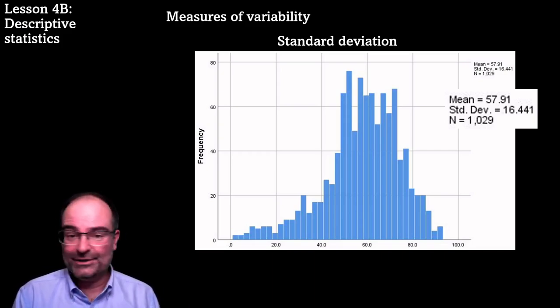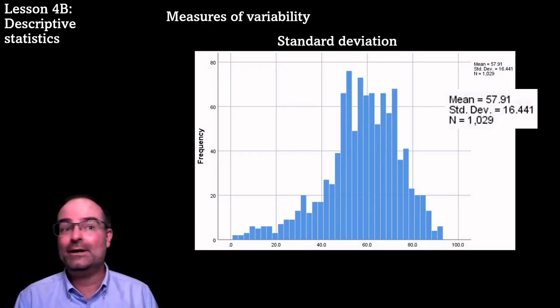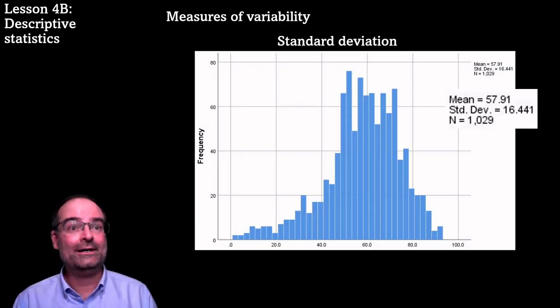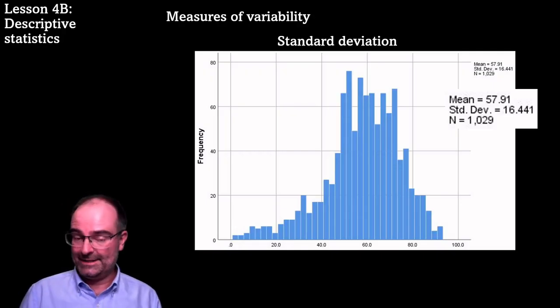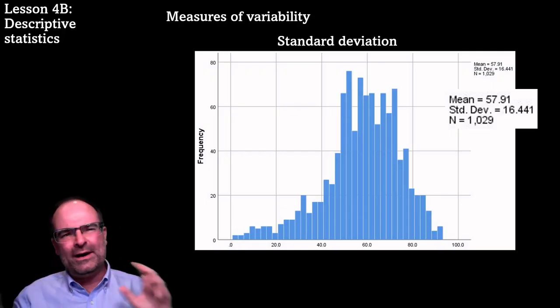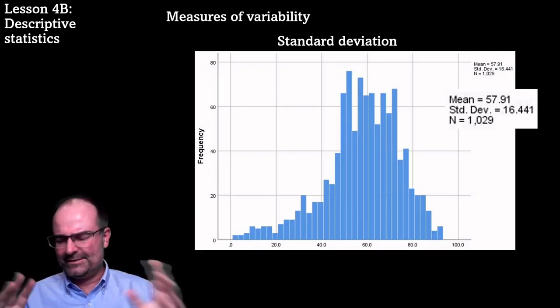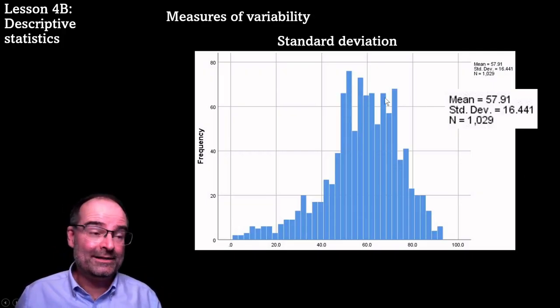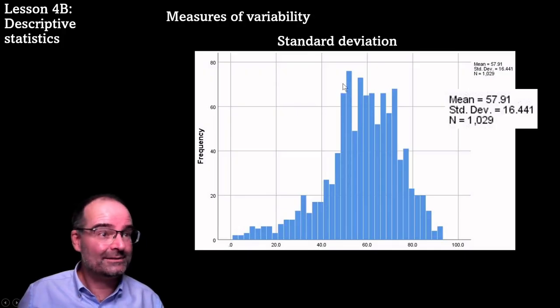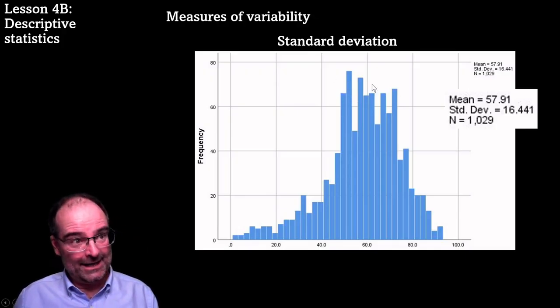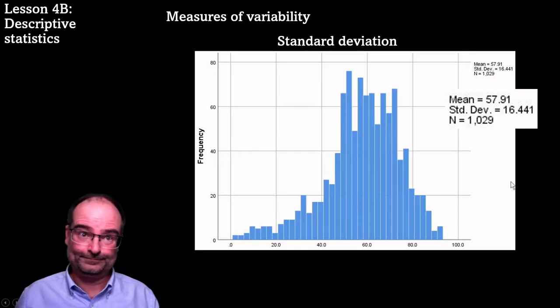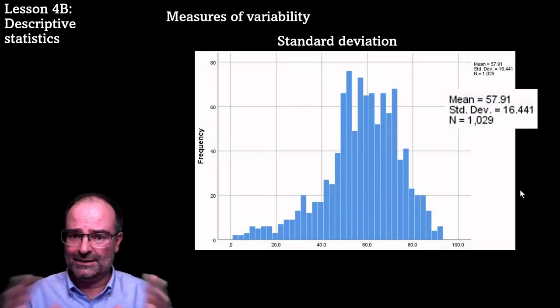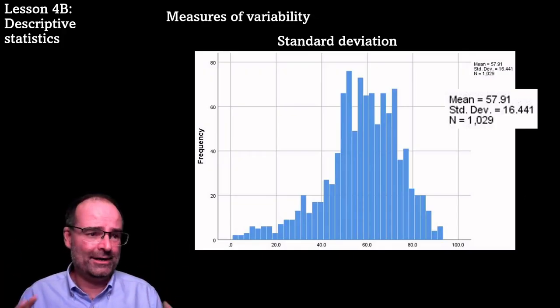This is research report data from 2021. The mean was 57.9. The standard deviation was 16.4. So on average, scores are varying around 16 around the mean. You can see that on the graph, where there's a lot of marks in the 40s, low 50s, and heading up to 60s and 70s. That captures where most of the scores are varying on average.